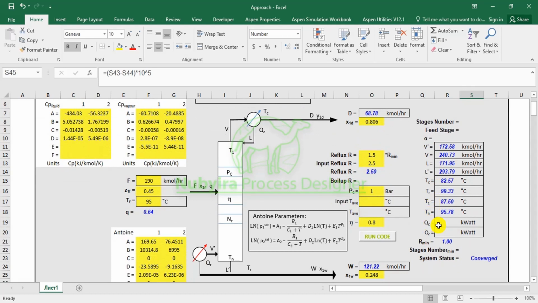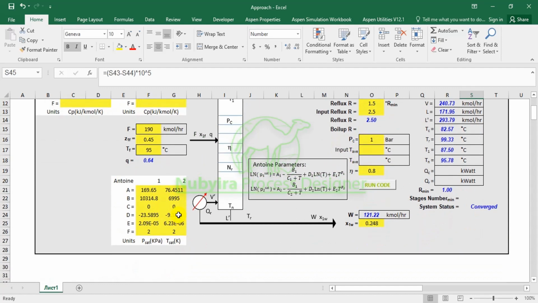But before I do that, I want to take note of one mistake that I made in the previous video in the calculation of the feed quality.